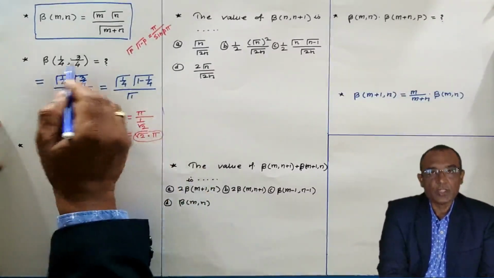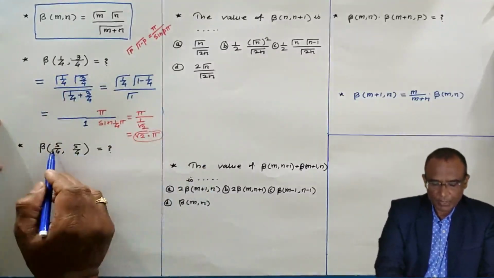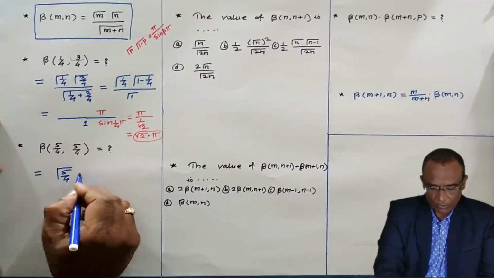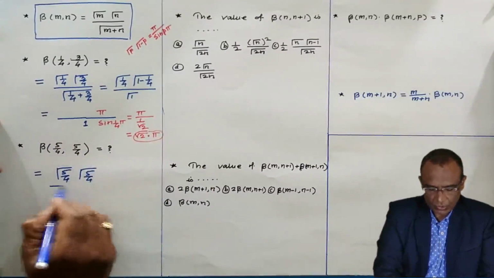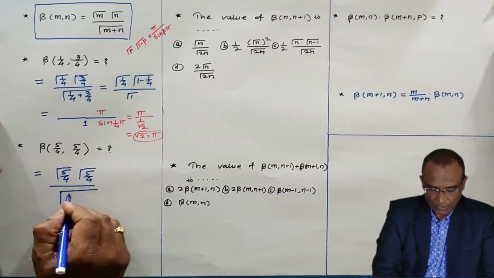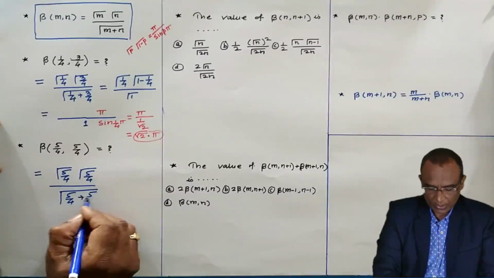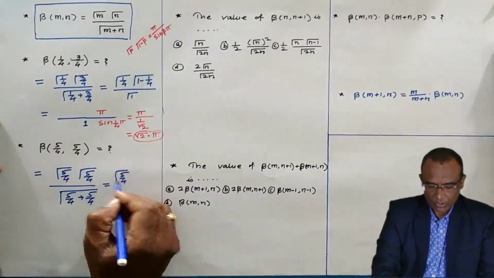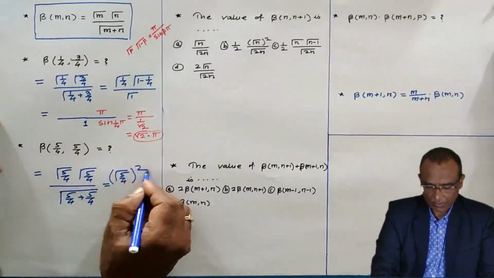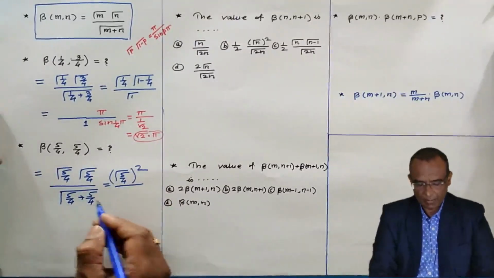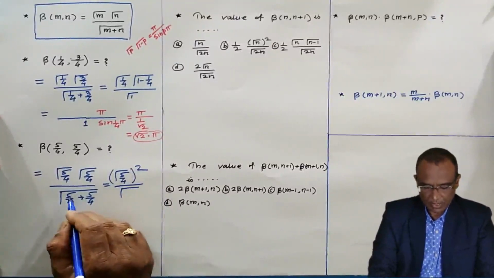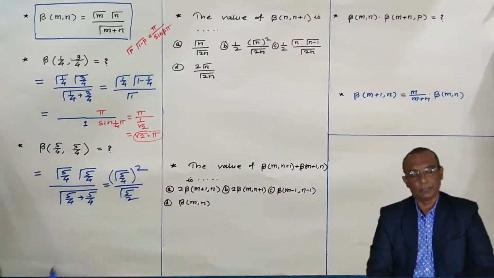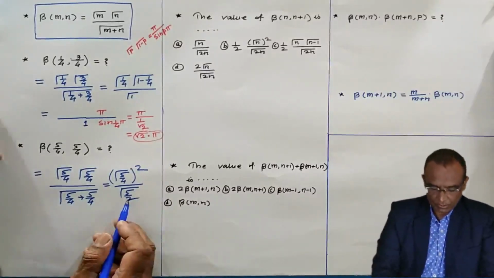Now, similarly here, a little bit fast I am writing: gamma 5 by 4 as the first element, gamma 5 by 4 as the second element, and the addition of the 2 elements, 5 by 4 plus 5 by 4, you can write directly as 10 by 4, so gamma 10 by 4, which is gamma 5 by 2.